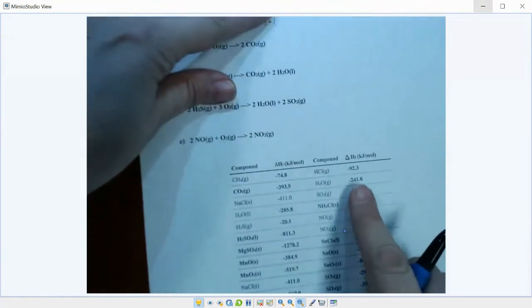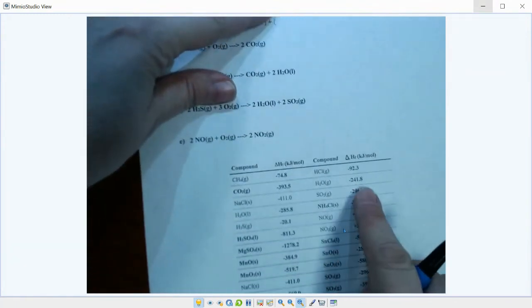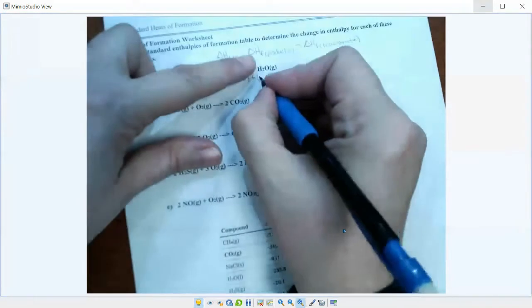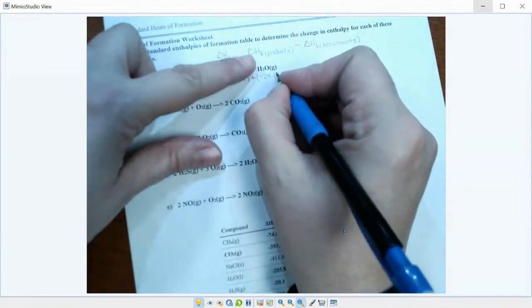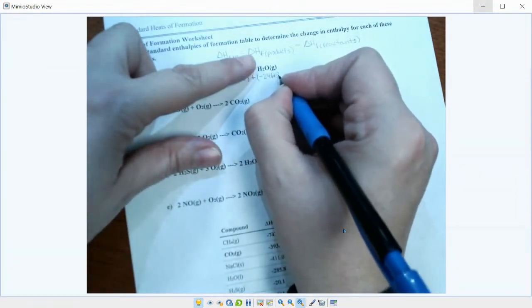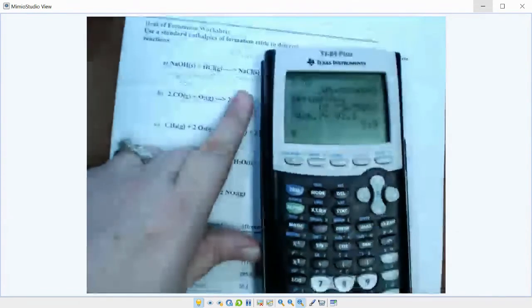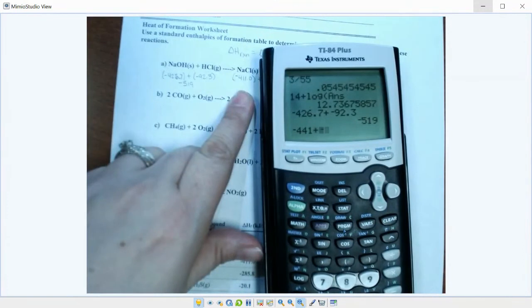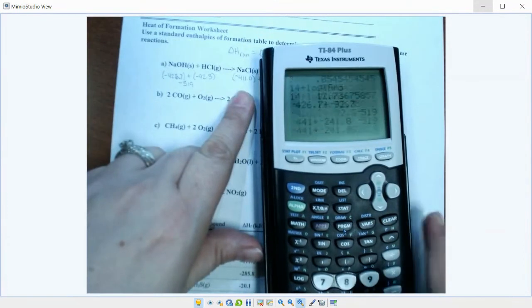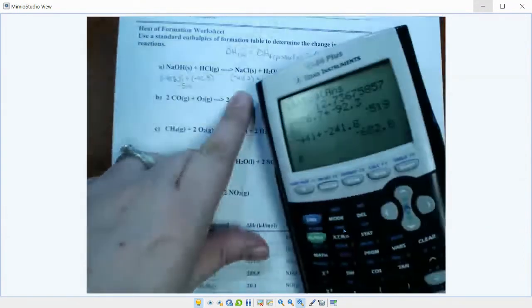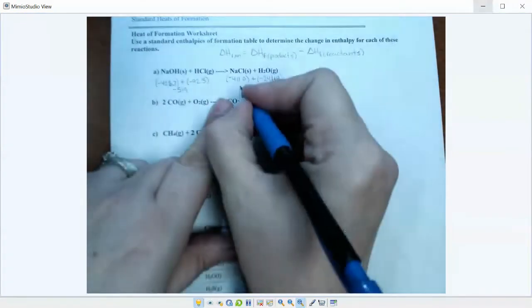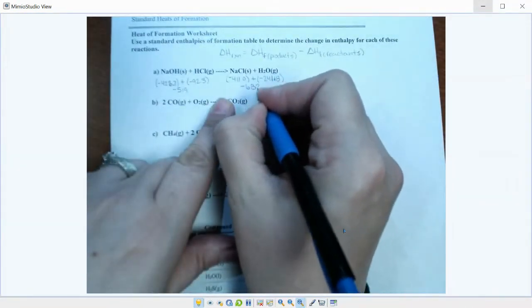And then I add that to H2O, but make sure that you get the H2O as a gas, which is negative 241.8. So when I add those two things together, negative 441 plus negative 241.8, I get negative 682.8. That's the product side.